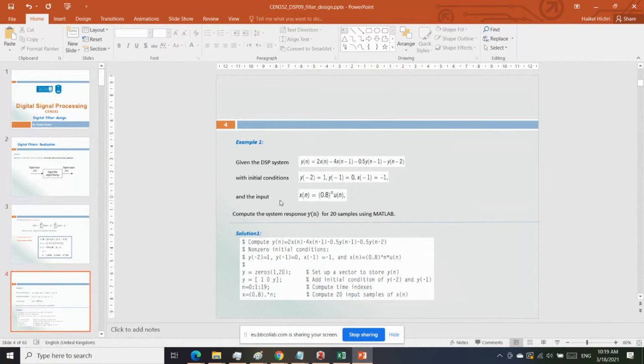Another example, given the DSP system with this difference equation, the initial conditions y[-2] is 1, y[-1] is 0, and this is the input, compute the system response for 20 samples using Matlab.